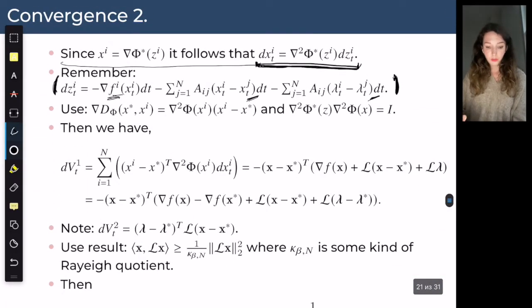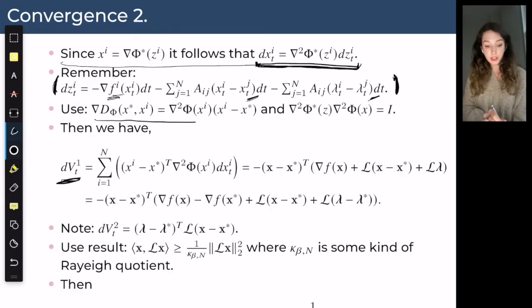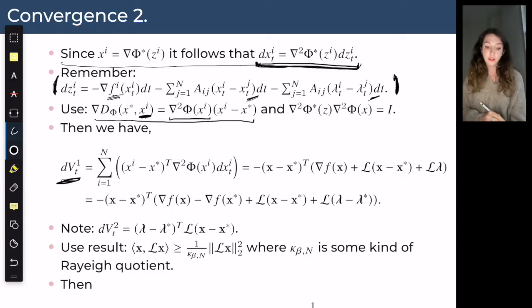Then we will need two properties in order to derive dVt1. The first thing is this one over here, which is basically just the gradient of the Bregman divergence, where the gradient is taken with respect to the second variable, so it's taken here with respect to this xi. What this gives us is this Hessian of the mirror map evaluated at xi, times the difference between xi and x star.